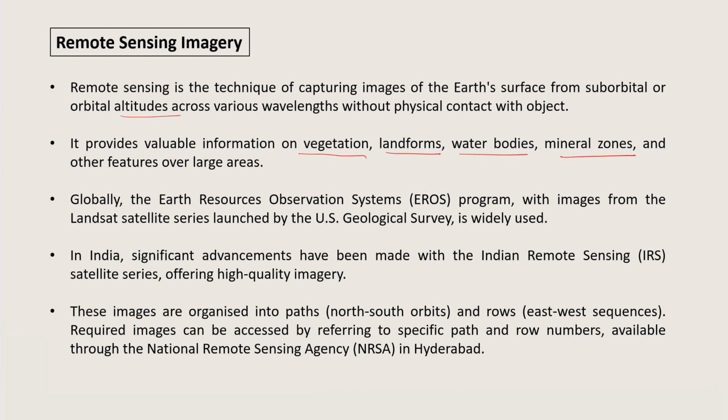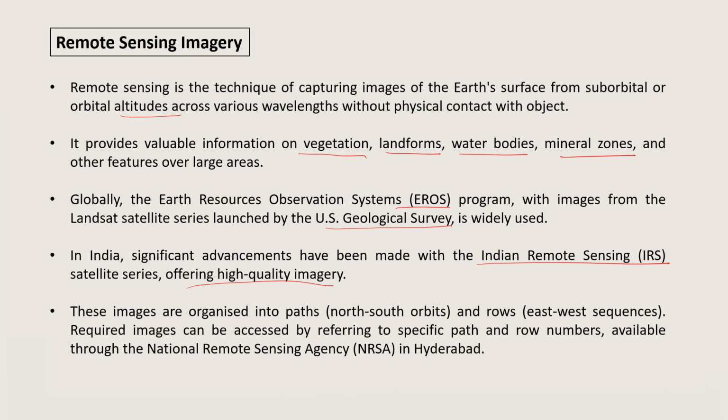Globally, the Earth Resources Observation System, EROS program, with images from the Landsat satellite series launched by the US Geological Survey, is widely used. In India, significant advancements have been made with the Indian Remote Sensing, IRS, satellite series offering high quality imagery.